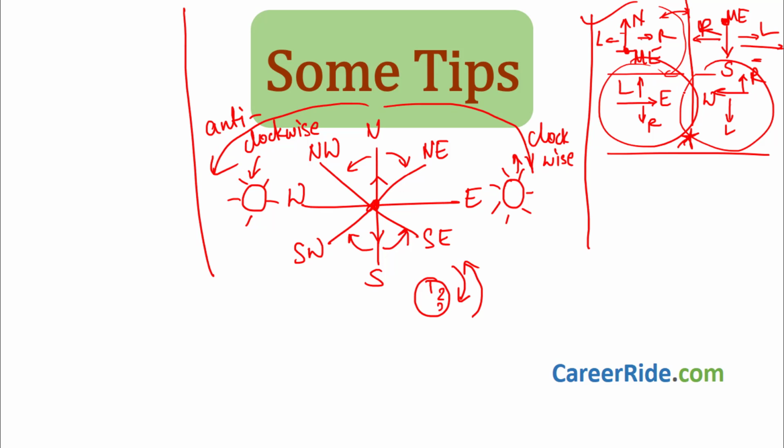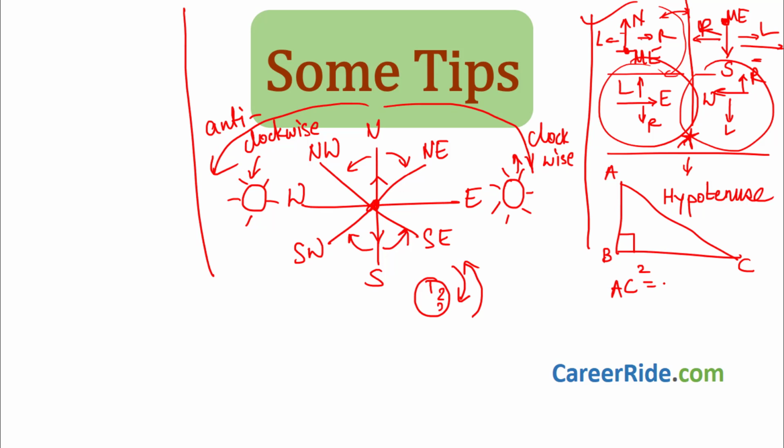Now after this right and left, another very important concept, let us see over here at the bottom. You have learned this in 8th, 9th, 10th, and this is nothing but the Pythagoras theorem. If you have a right angle triangle ABC, then AC is nothing but the hypotenuse, and we know hypotenuse square, that is AC square, will be equal to side 1 square plus side 2 square.